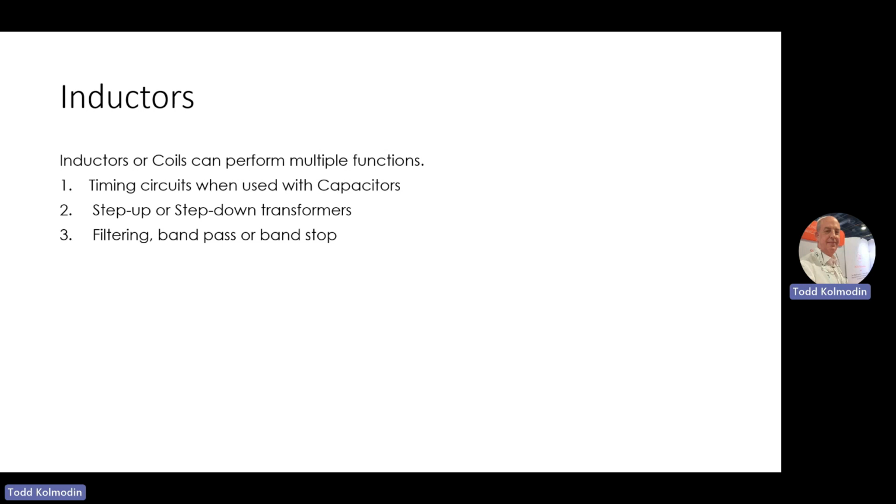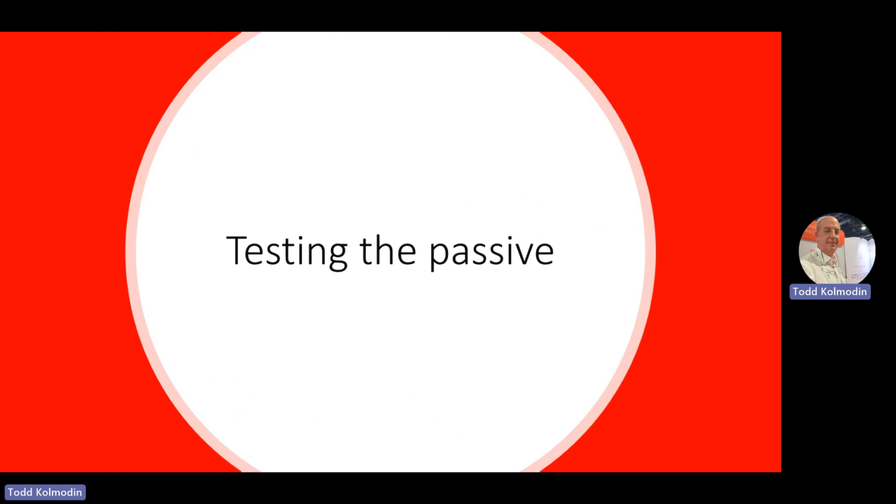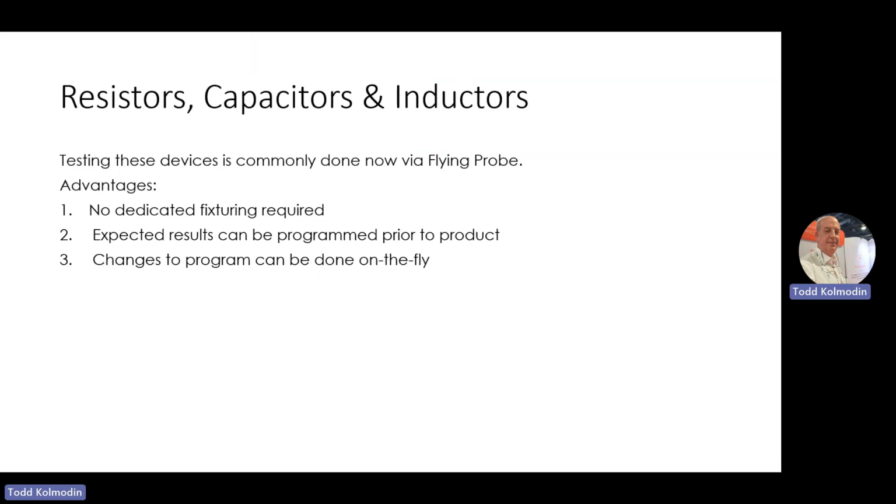So that talks about our resistors, caps, and inductors. So with that, we have to figure out how we test that. A lot of times, back in the day, we had buried resistors in the form of a carbon film where a carbon screen was put on the board.